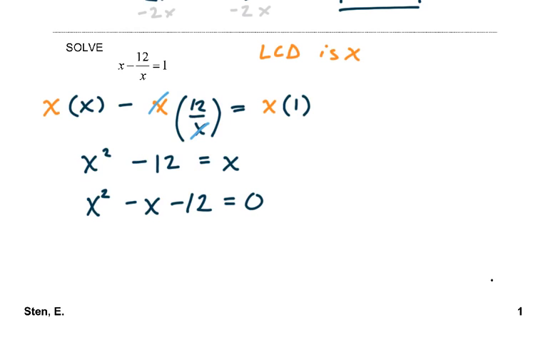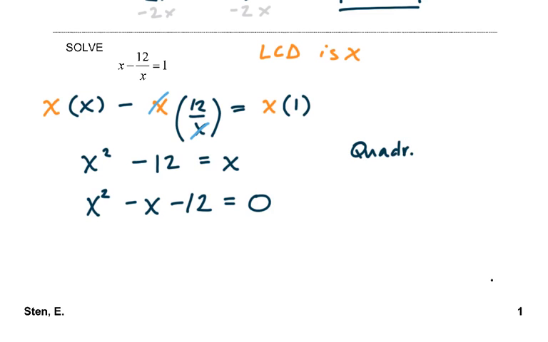minus 12 equals 0. So what I've done is I looked at this and I said, all right, well, I've got x squared. And in my mind, I know that x squared means something is quadratic, right? So quadratic equations, when we're solving those, we always want them to be in descending order equal to 0, right?